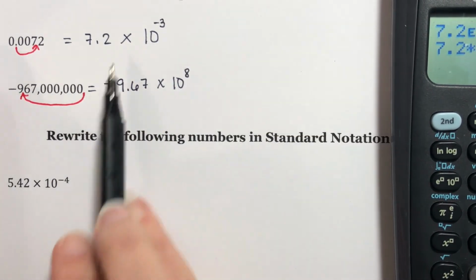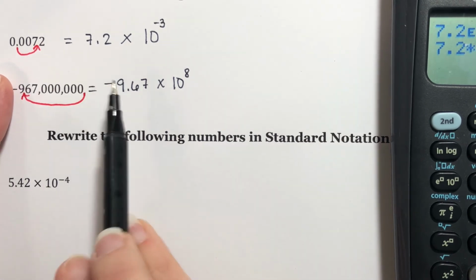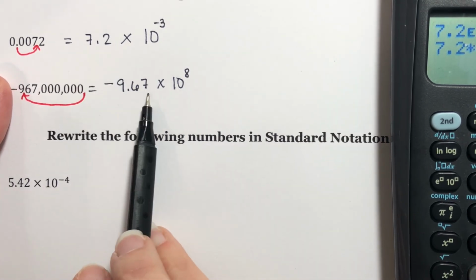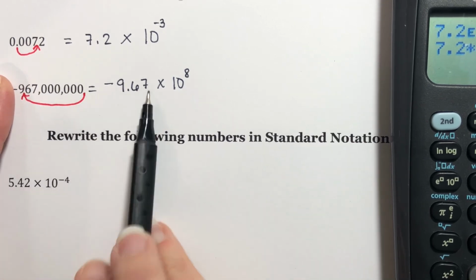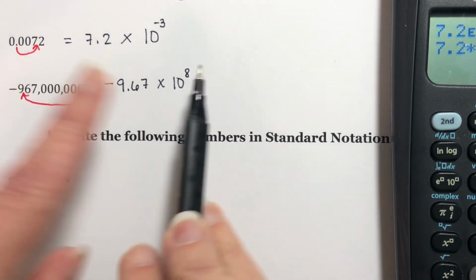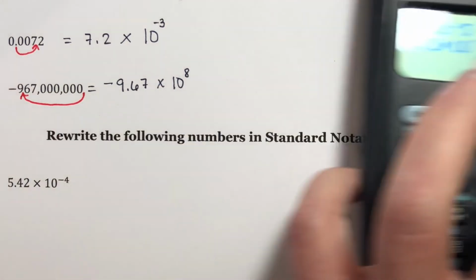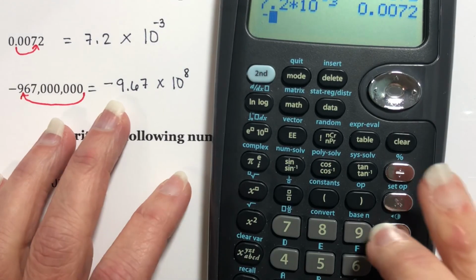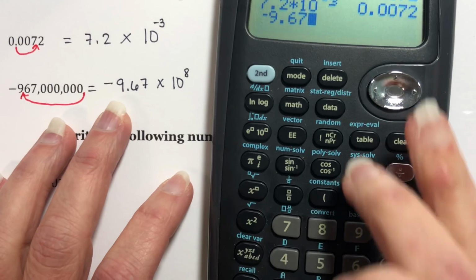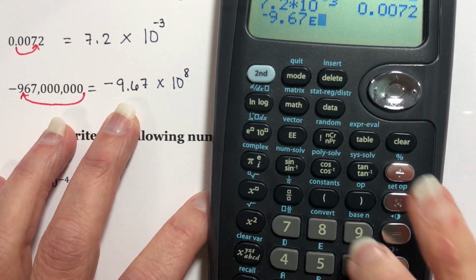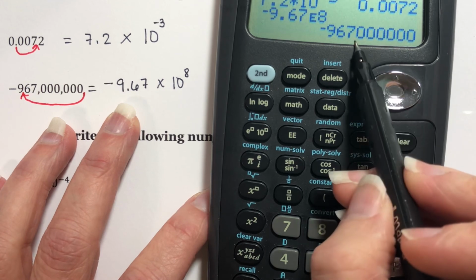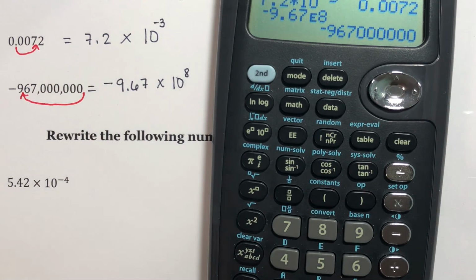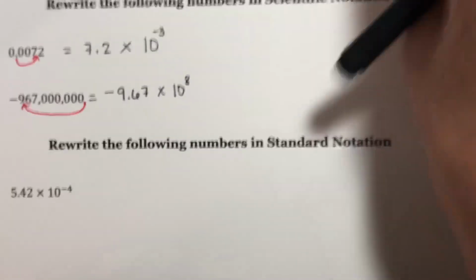Okay, ignoring the negative. Do I need to be making 9.67 bigger or smaller to get it back to here? Well, this is a much bigger number than this. So I need to be making it bigger so it's a positive exponent. Okay, so if I do negative 9.67 and I hit the EE button, and I hit 8 because I'm raising it 10 to the 8th, you can see that, double check your zeros, it's the same thing. Okay.